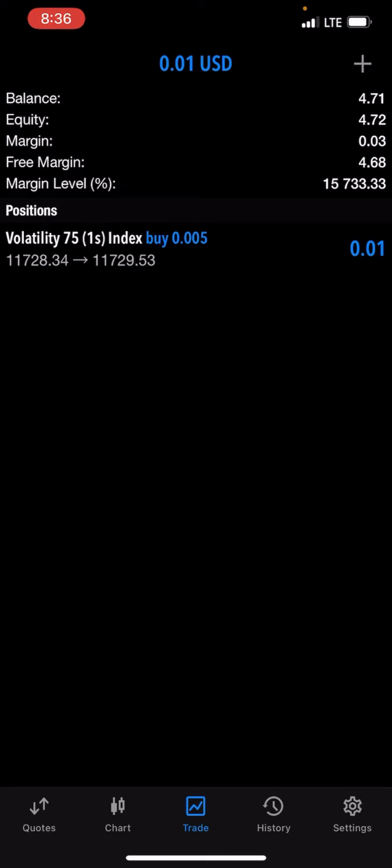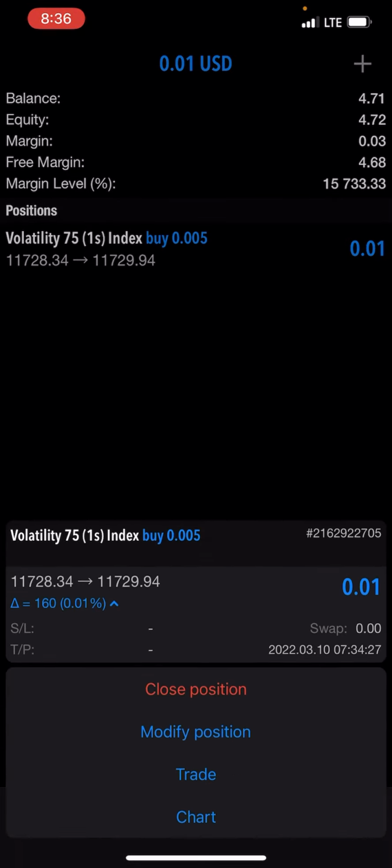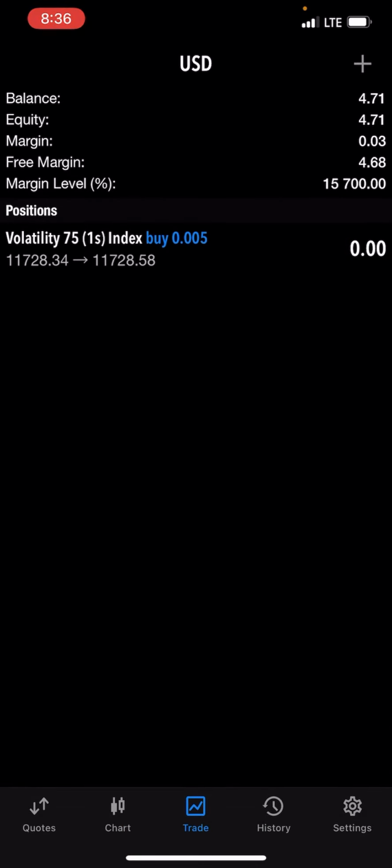So if you are buying 10 of these trades, it will simply be 0.30 lot size. So we're going to try that. We're going to place 10 trades with this, so that you see how many it can carry.